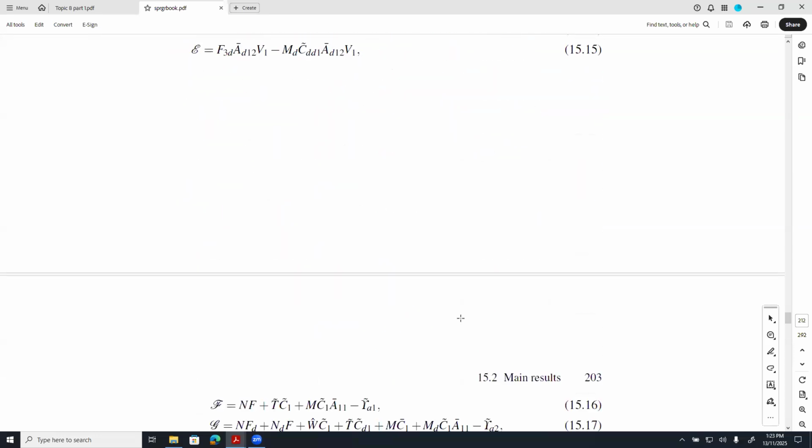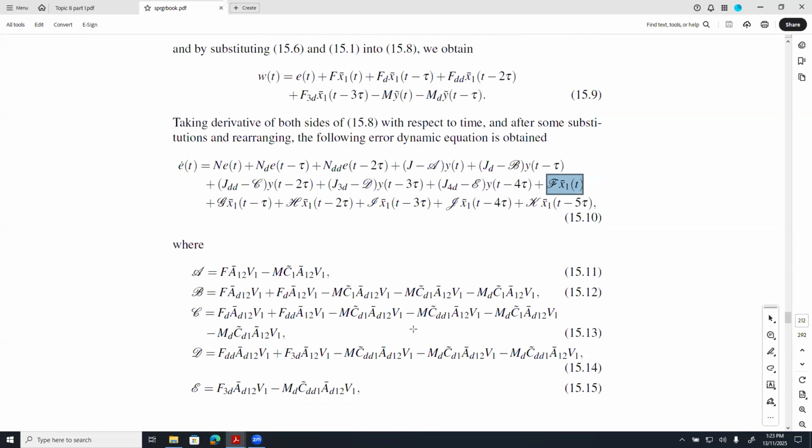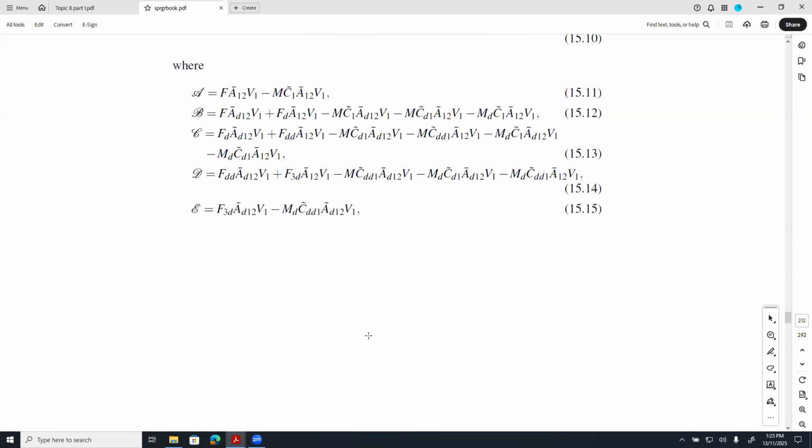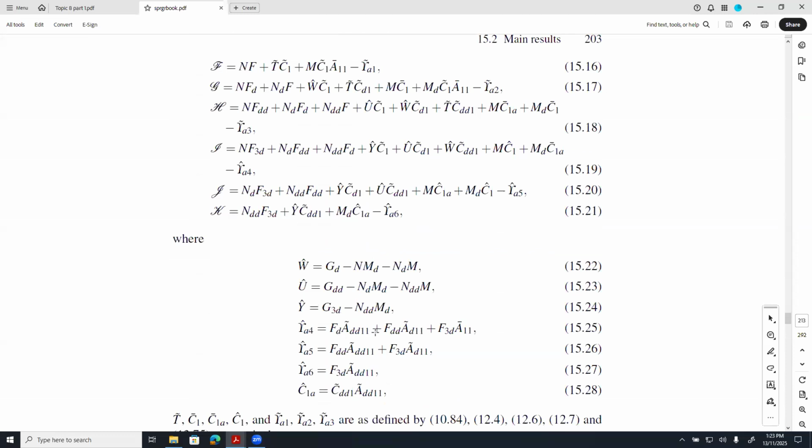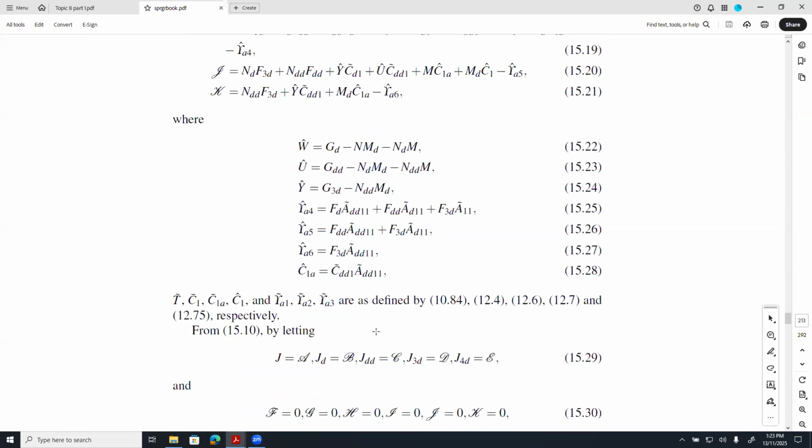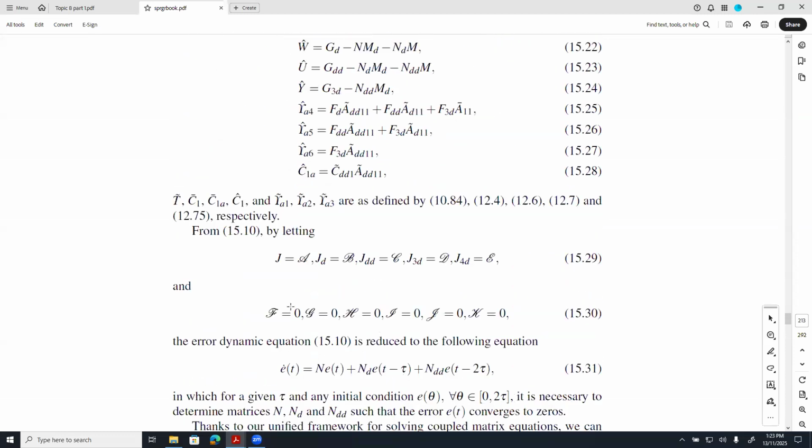And when we presented the existence conditions, we have all of this stuff in there. We have 1, 2, 3, 4, 5, 6, and we just use this notation to define them.